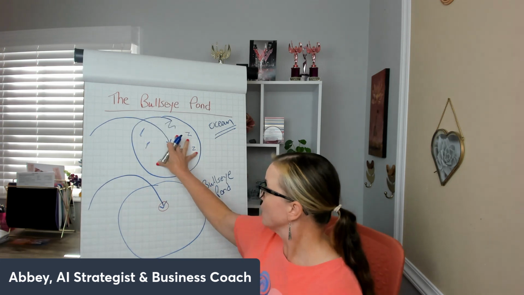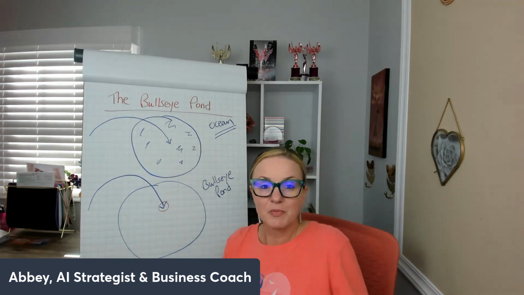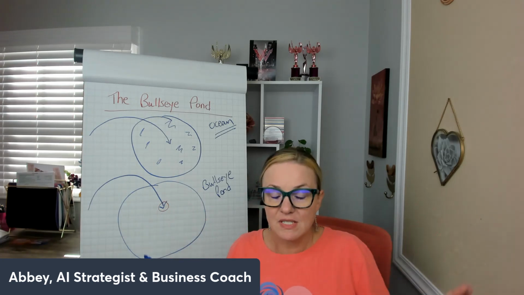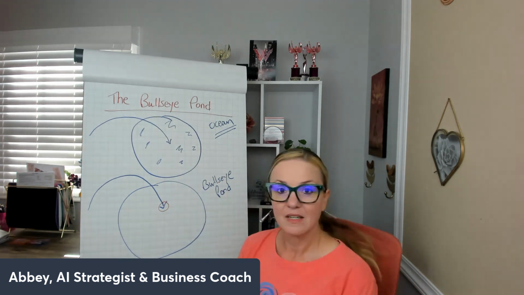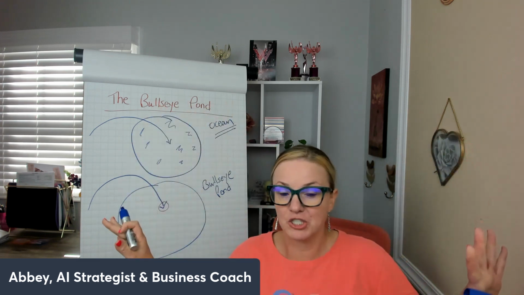So big ocean, hugely generic, right? It's why I hear people all day long say everything from AI sounds the same. Everything looks the same, sounds the same. That's because there's no specificity, right? It is searching the ocean.